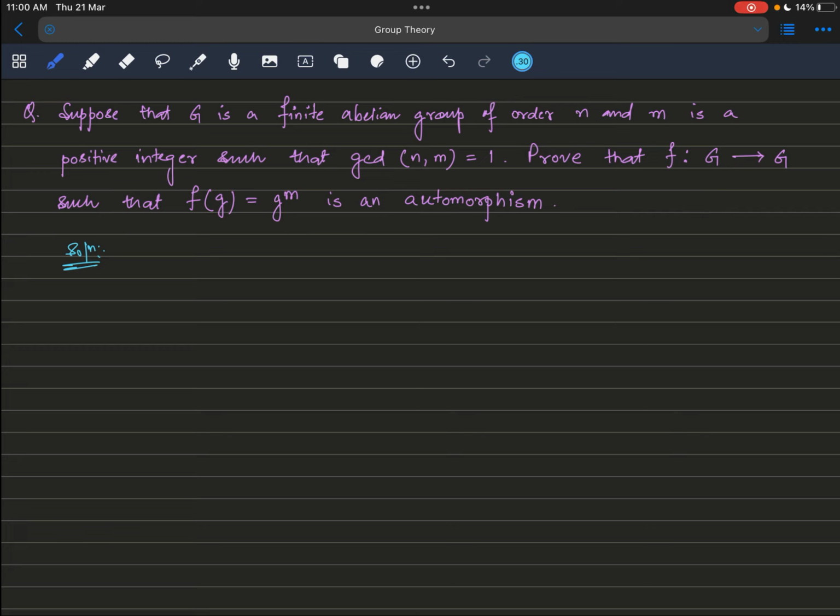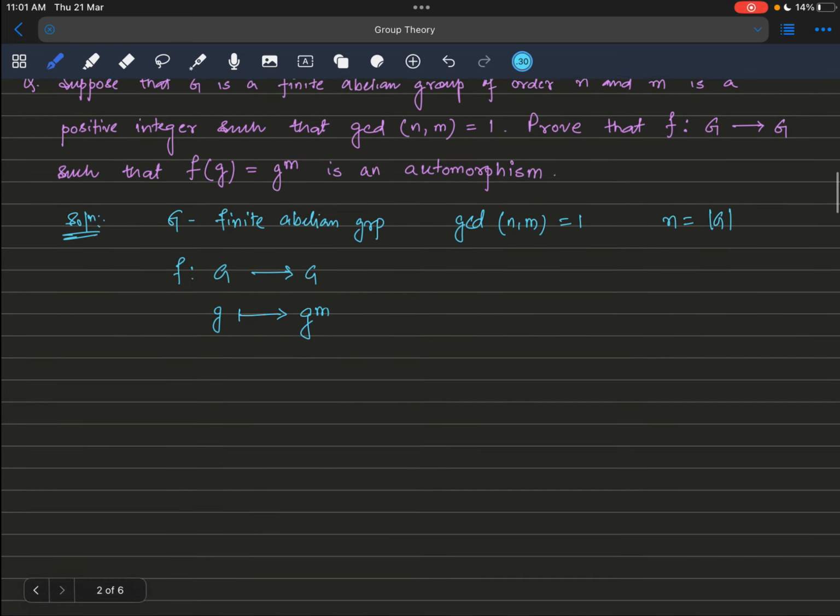We are given that G is a finite abelian group, and GCD of n, m equals 1, where n equals the order of G, and we are given a map f from G to G, defined as g goes to g to the power m.